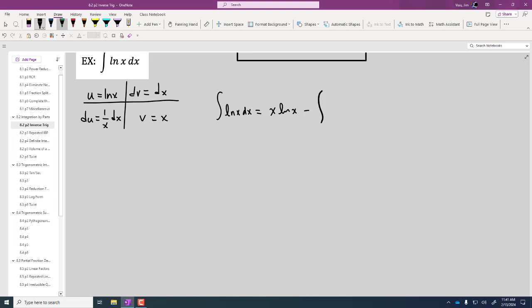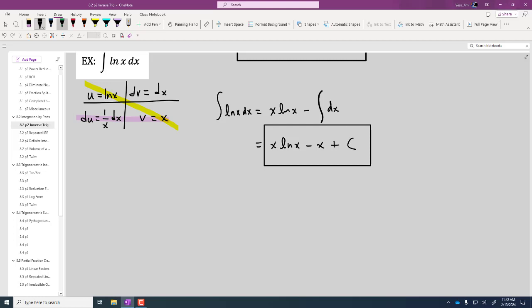Just 1. v times du is 1 dx. So we're doing the main diagonal, and then we're doing that. So 1 over x times x is 1. The integral of dx is just x. And here is that antiderivative that we were curious about. So this is the antiderivative for natural log of x.